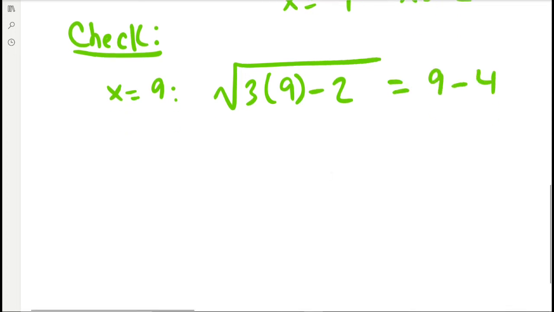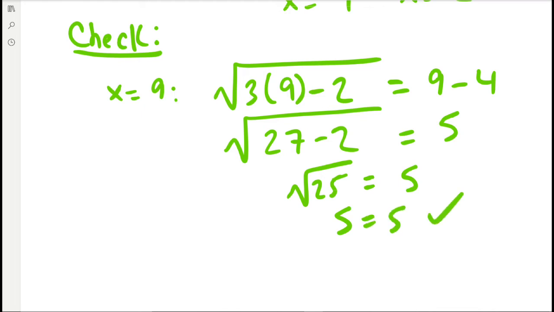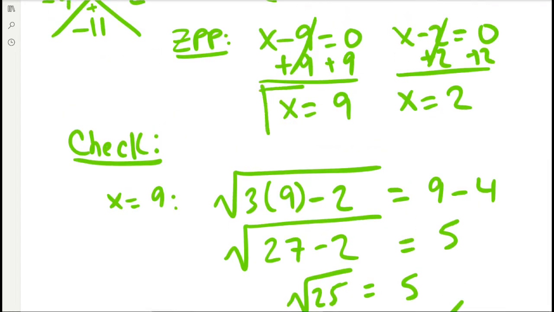So we're going to check that, see if it works out. The square root of 27 minus 2 equals 5, which is 9 minus 4. Then the square root of 25 equals 5, which seems to match up. So far we have a solution, x equals 9.